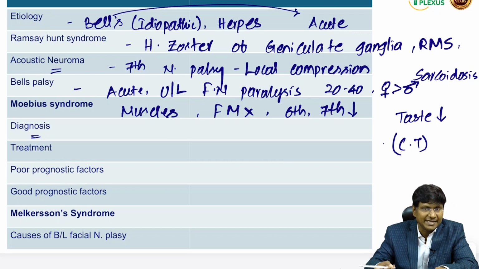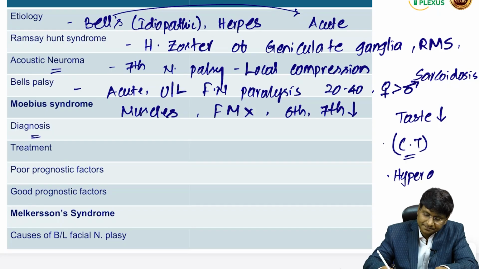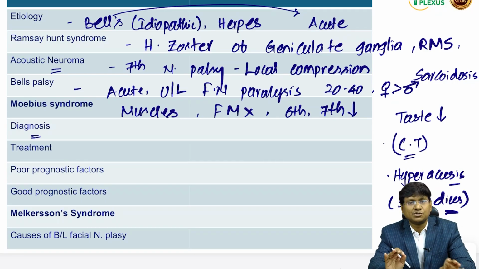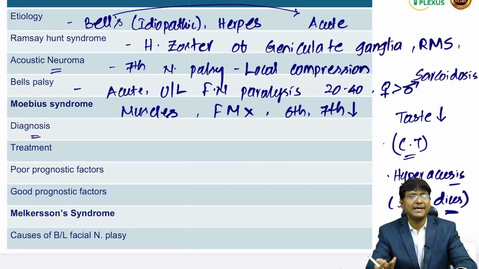And not only the taste impairment because of the impairment of the chorda tympani, even there will be hyperacusis, right? And this hyperacusis is mainly because of weakness of the stapedius muscle.